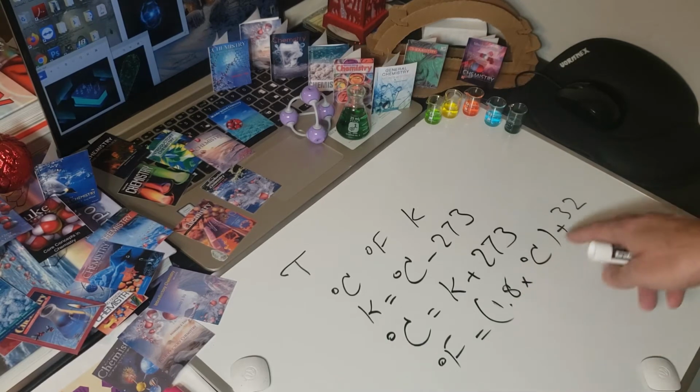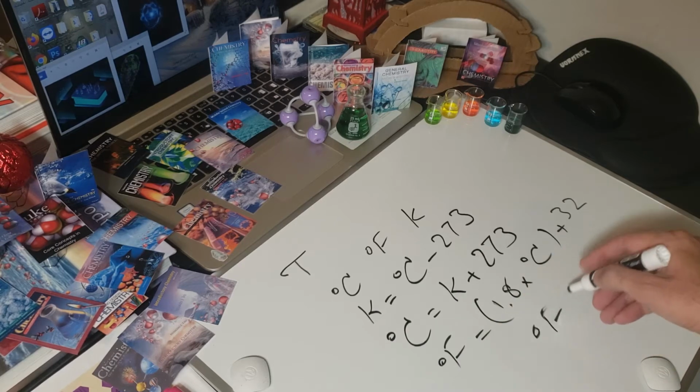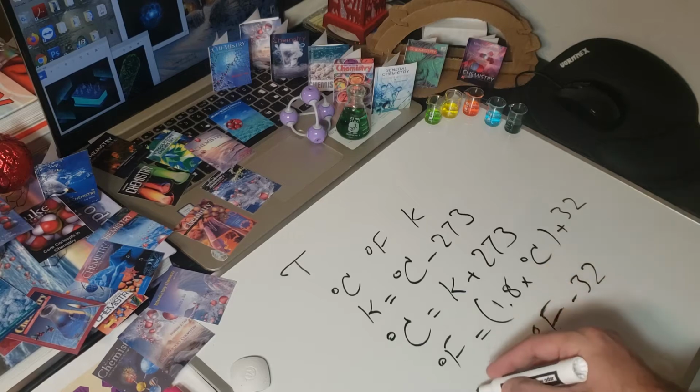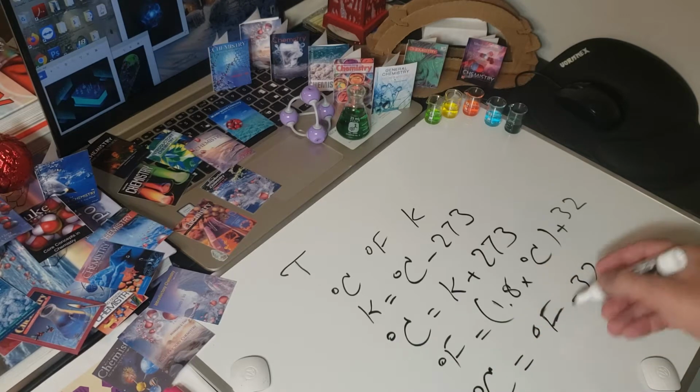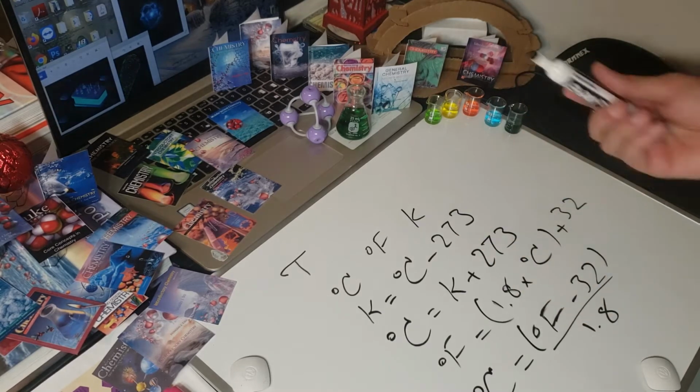And if you want to reverse that, you have to move this 32 to the other side. That becomes Fahrenheit minus 32, and then degree centigrade becomes this number divided by 1.8. So these are the conversion factors. You don't really have to memorize those, but you should be able to use them.